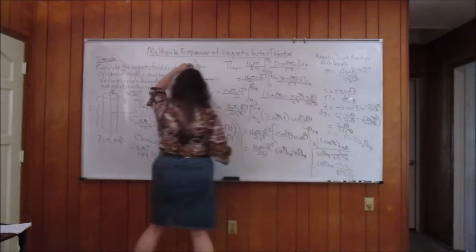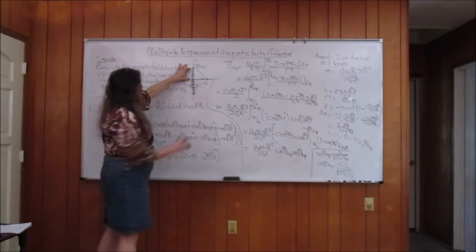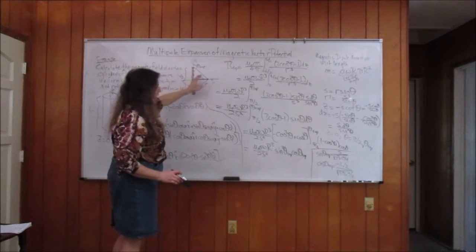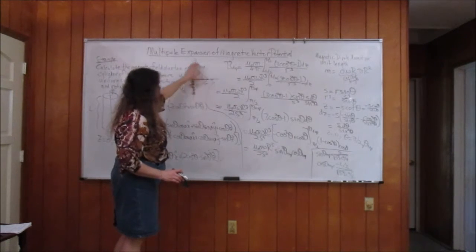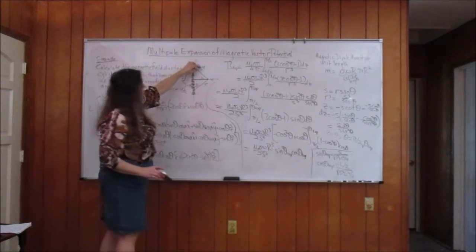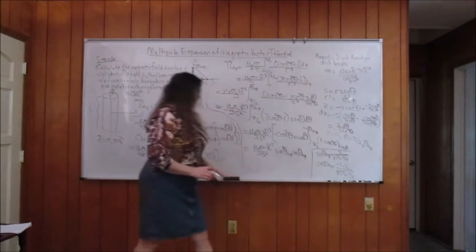Again, look at the geometry here. This is L over 2 here. This distance is s, so it's opposite side over hypotenuse and adjacent side over hypotenuse. But again, we're looking at this angle here instead of this one here. This is why you've got a minus sign in your cosine term.